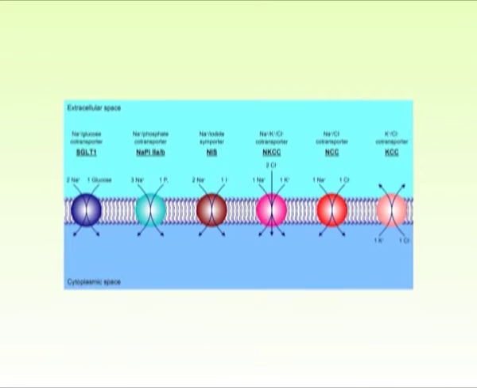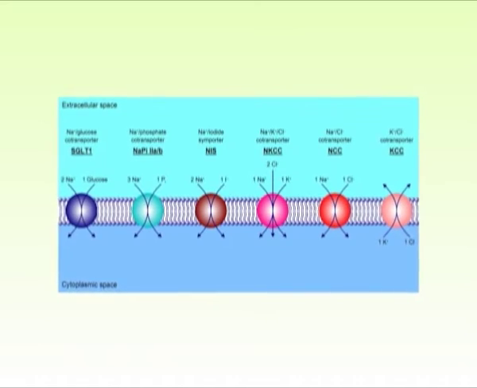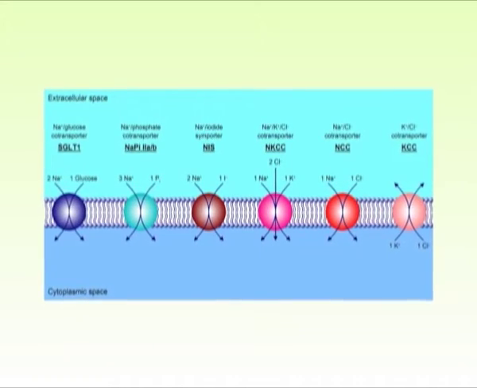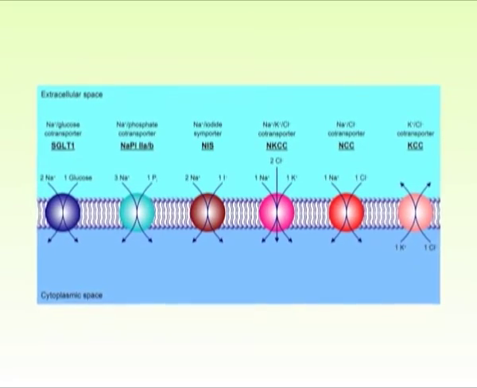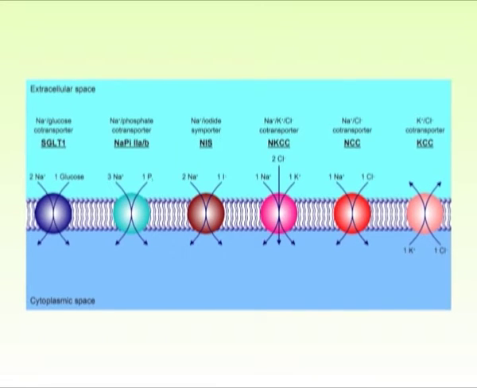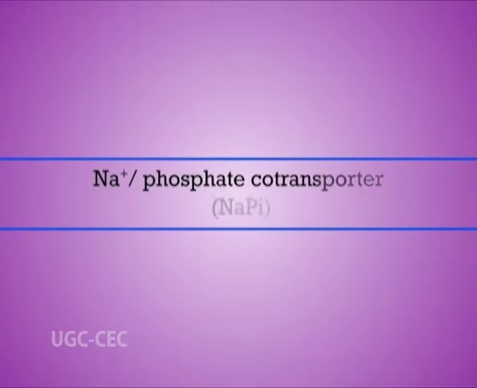Other examples of sodium-powered symporters found in many different cells and tissues performing a variety of important physiological functions are shown in this illustration. The sodium phosphate cotransporter, also known as NaPi, is found in the apical membrane of epithelial cells of the small intestine and renal proximal tubules.